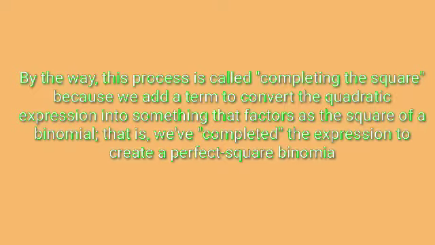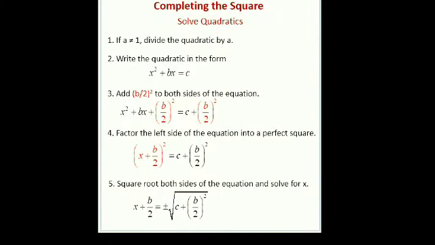By the way, the process is called completing the square because we add a term to convert the quadratic expression into something that factors as the square of a binomial. So that is, we have completed the expression to create a perfect square binomial. So here we always make the given equation into a perfect square, binomial square.